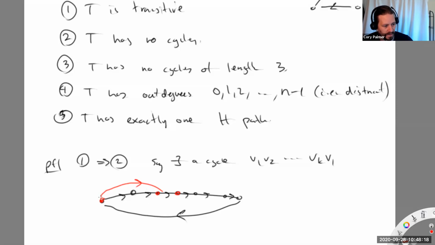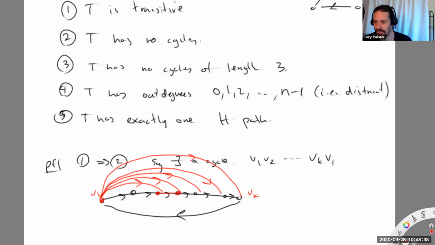It's the concatenation of this edge and this edge, so this one's got to be forward oriented as well. They've got to keep being forward oriented by just repeatedly applying transitivity. And then the interesting one is this last one, from v1 to the end of the cycle, vk. This has also got to be forward oriented.